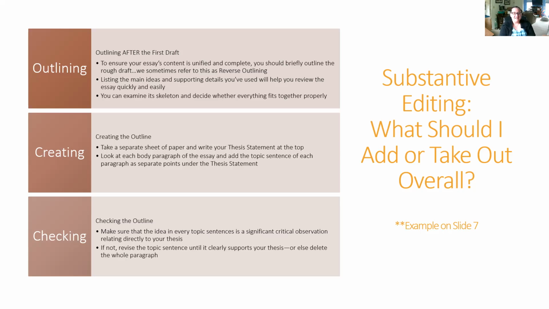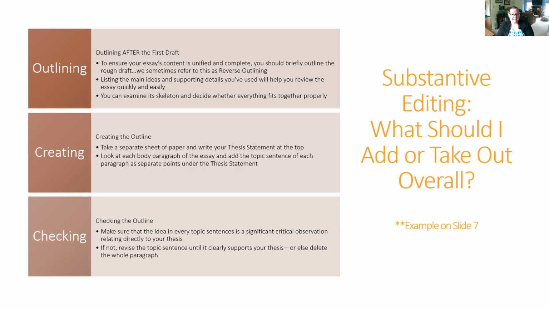So you can look at the main ideas you actually discuss in the paper and the order that you actually discussed them in, with the support for each one that actually ended up in the essay.